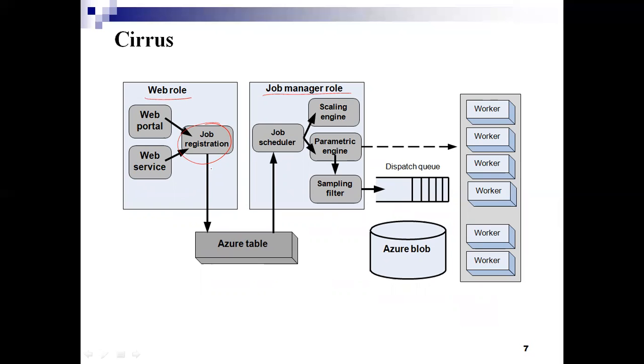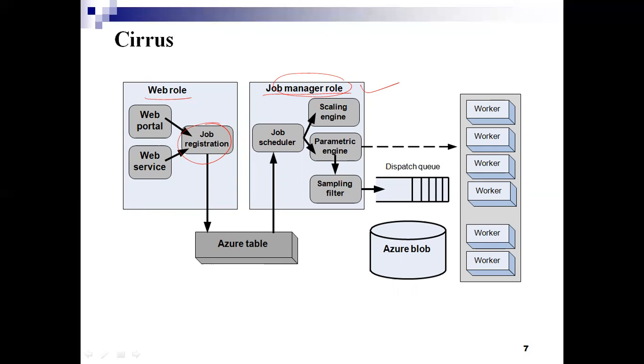After that, the execution of each job is controlled by a job manager. The job manager first scales the size of the workers based on the job configuration. So we have the worker instances, based on the job configuration.